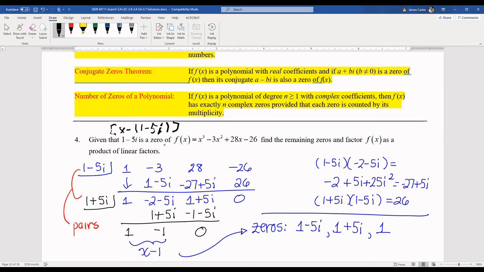Parentheses, brackets. That's saying that this thing looks like that as a factor.